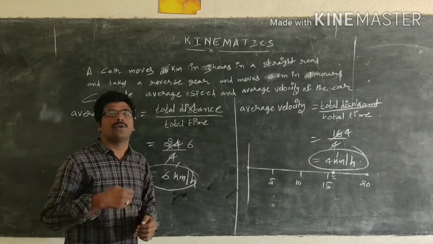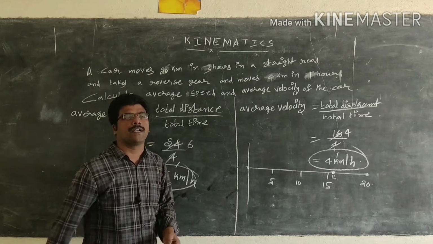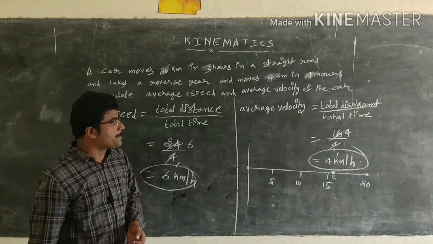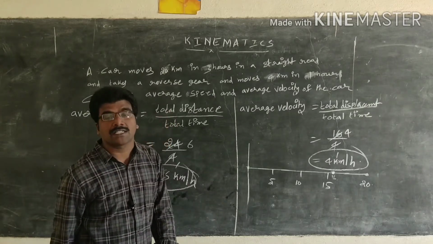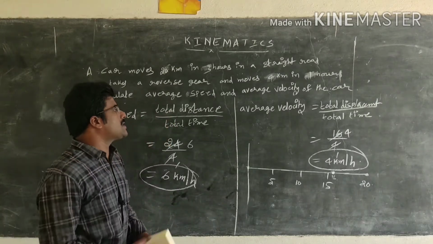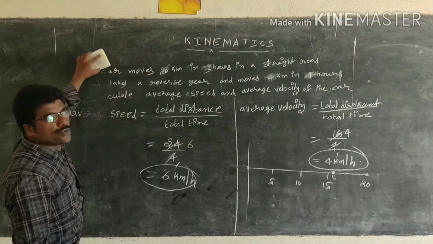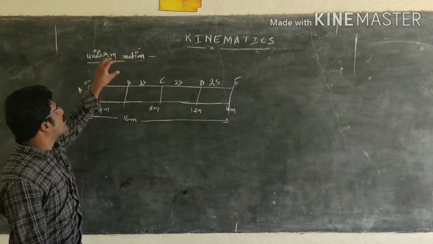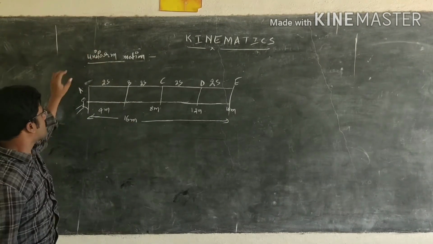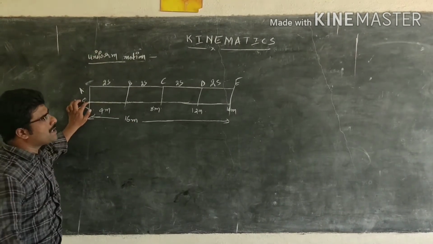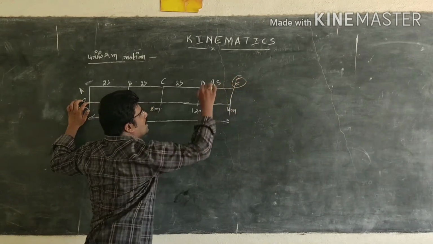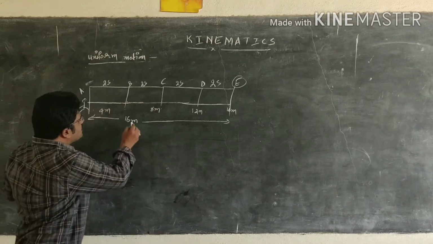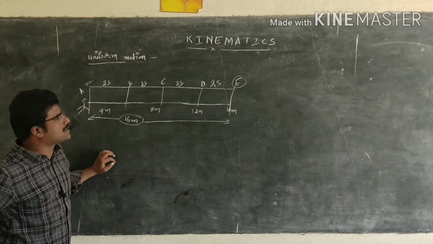There is one more property of speed, that is uniform speed. In order to discuss uniform speed, first of all, we want to know uniform motion. Coming to uniform motion. Let A be the starting point and E be the final point. From A to E, let the distance be 16 meters.